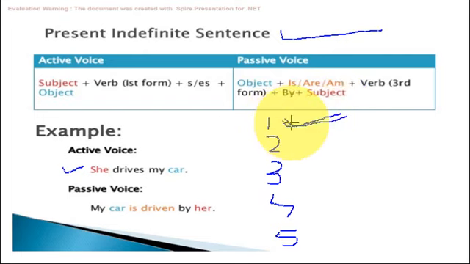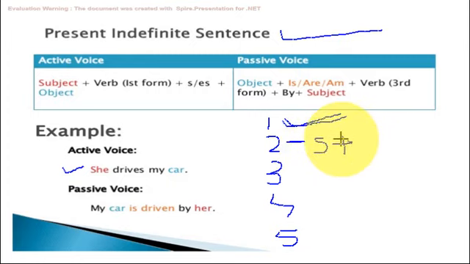After identifying the type of sentence, our second rule is, directly now, without wasting much time, I want to come to the point. Here, interchange of words. Now see, interchange of words, what I mean.